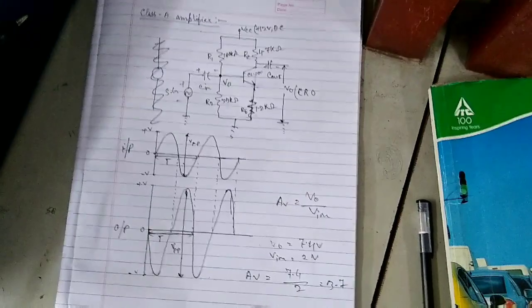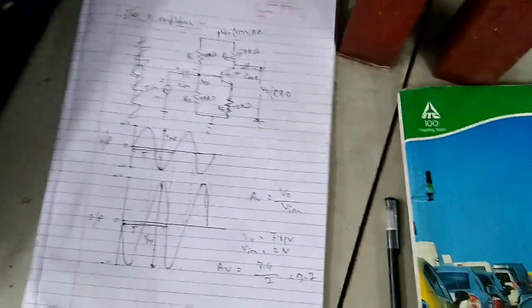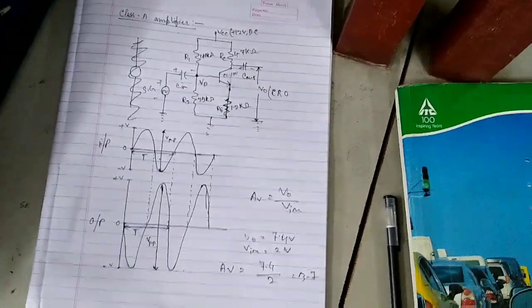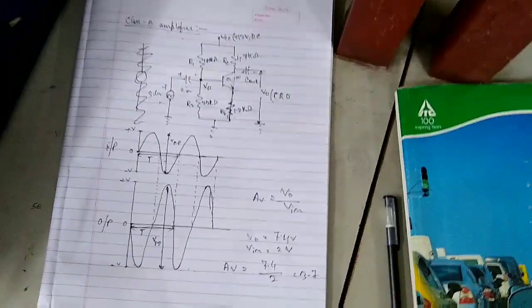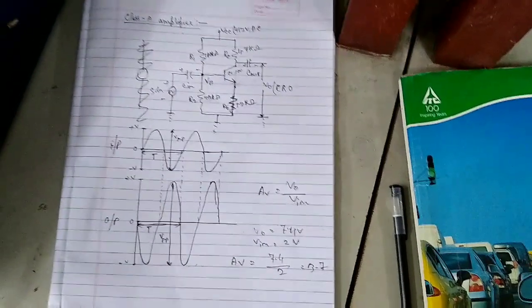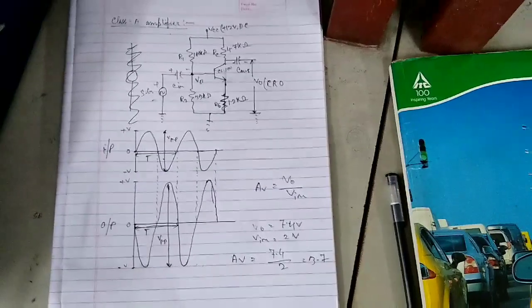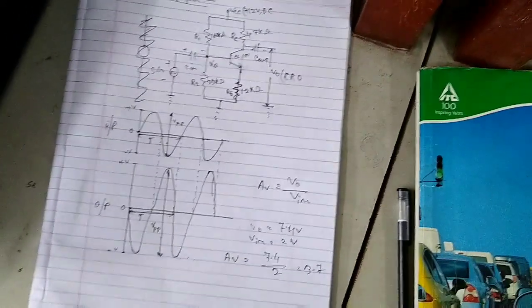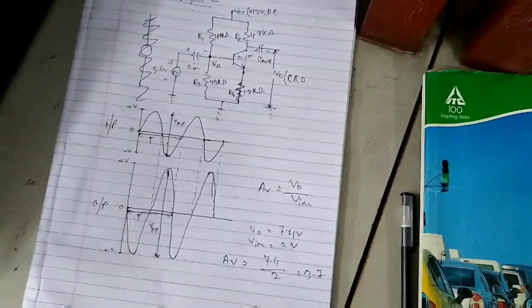In the active region, amplification happens, and the saturation region is the maximum limit of the amplification. After the saturation limit no amplification takes place, and the output signal becomes distorted.